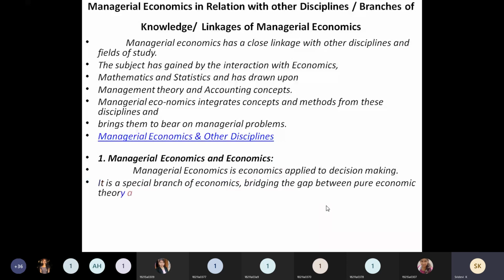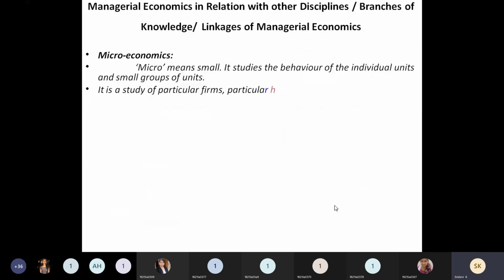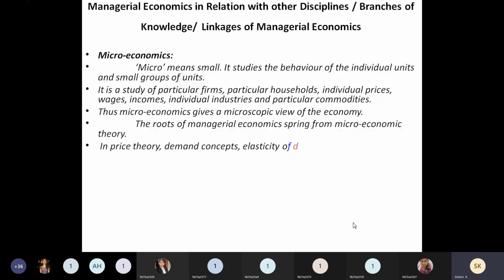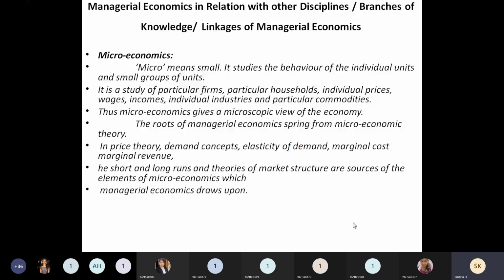What is microeconomics? What is macroeconomics? How is it applied? You have to discuss that in managerial economics and economics. Microeconomics, as I already told, is a small thing, that is, an individual unit. So that comes under microeconomics. Most of this managerial economics is related to microeconomics only.